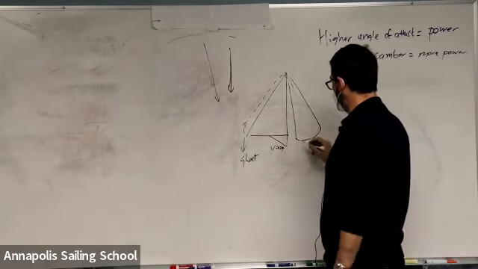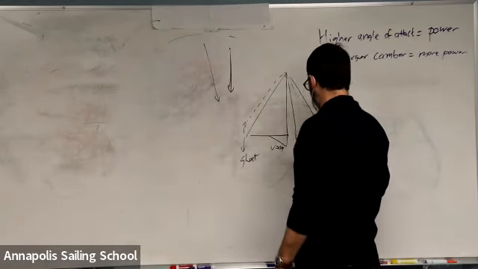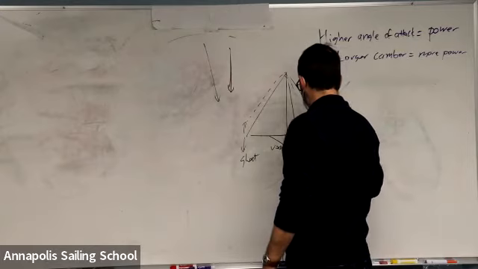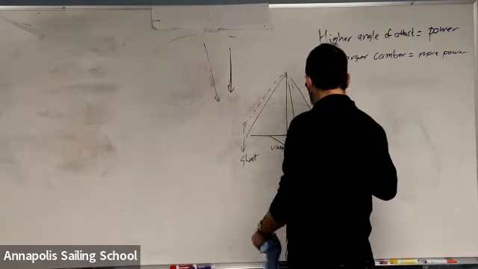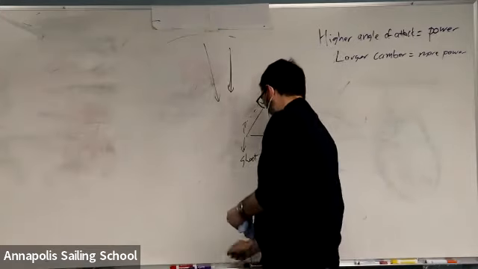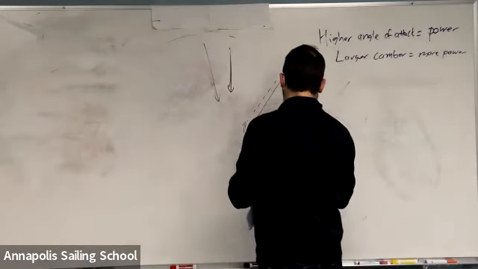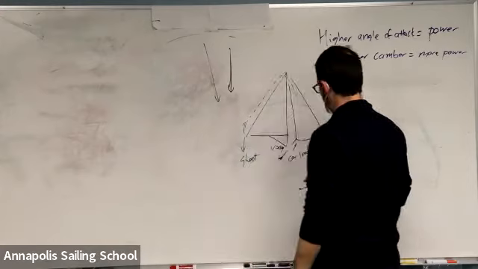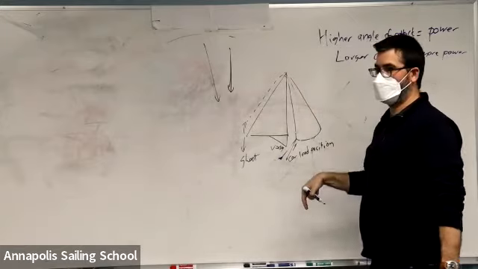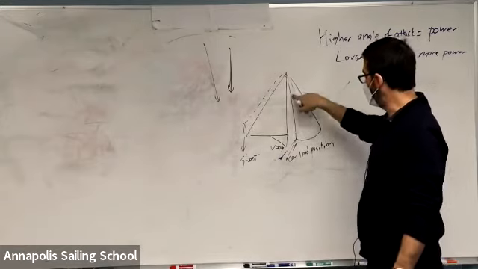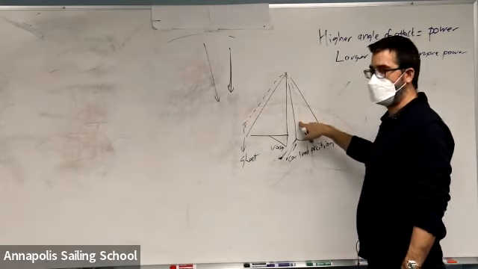For the jib, we're controlling this with car lead position, because the only thing we're controlling the jib with is this floppy line here, which is led somewhere here. If we move the car forward, then we're pulling more down on the sail, down on the leech, and so we take twist out.